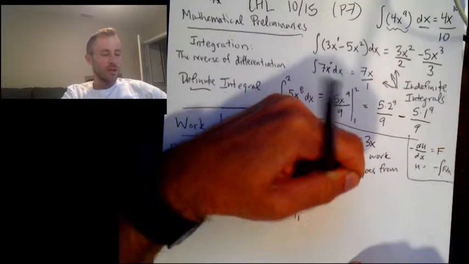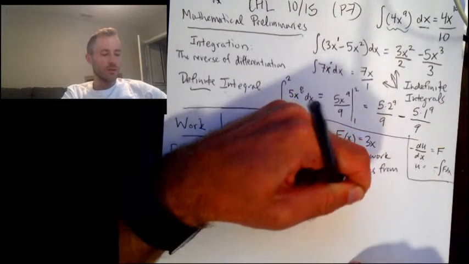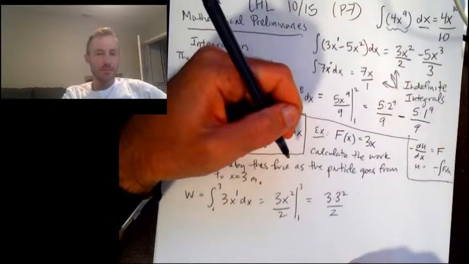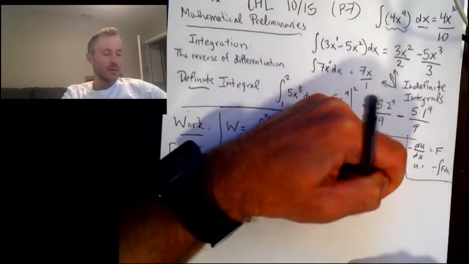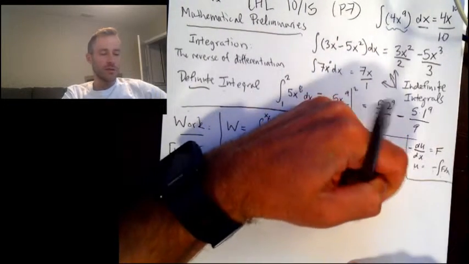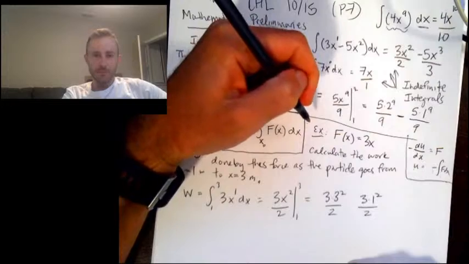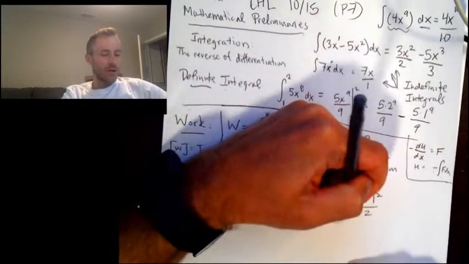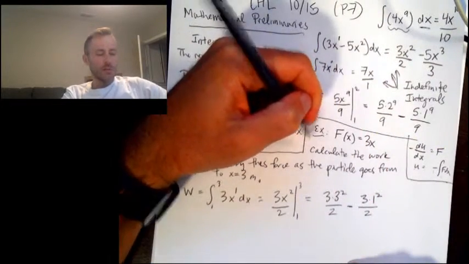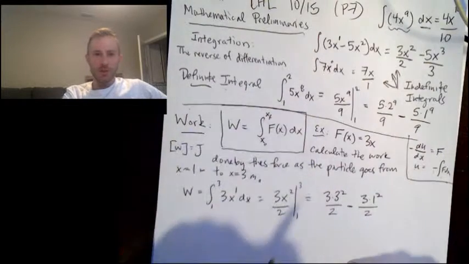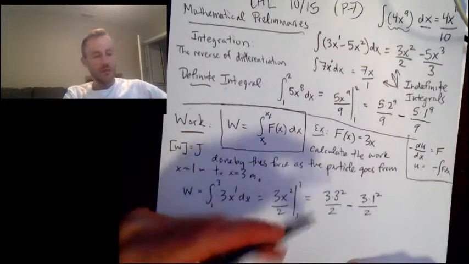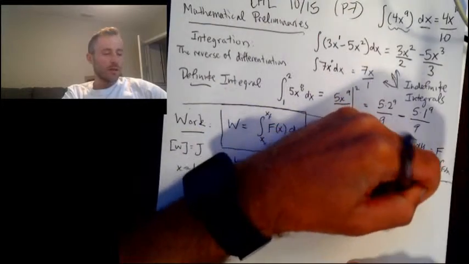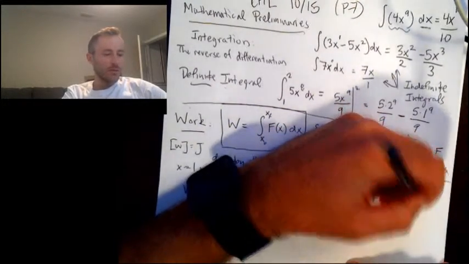I get 3 times 3 squared over 2. And then I plug in 1 into this function. I get 3 times 1 squared over 2. And then I subtract them. So 3 cubed is 27, minus 3 is 24, and then divided by 2 is 12. So the amount of work done is 12 joules.